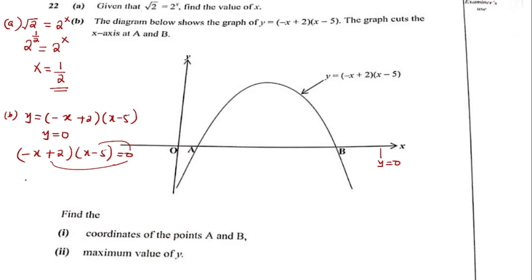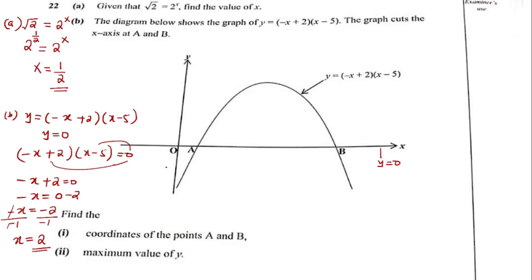So you say negative x plus 2 being equal to 0. If the 2 crosses the equal sign, that will be negative x is equal to 0 minus 2. That will be negative x equals negative 2. You divide both sides by negative 1, that will be equal to 2. Then the other one there, we are told that x minus 5 is equal to 0.